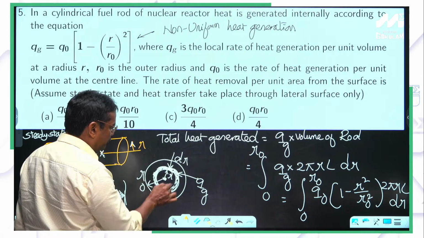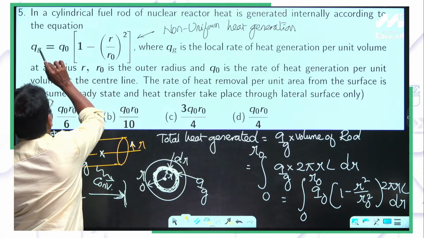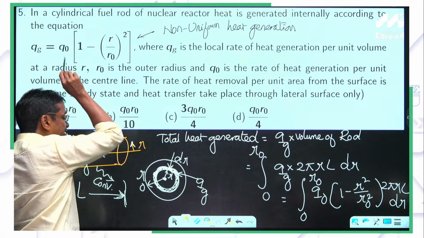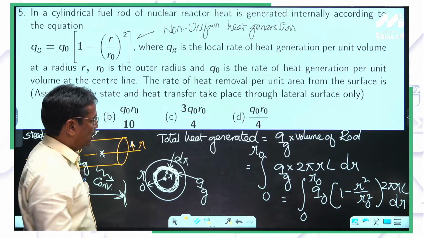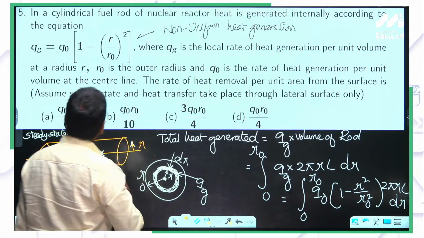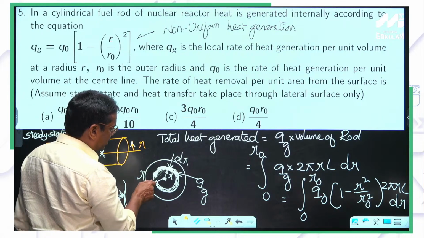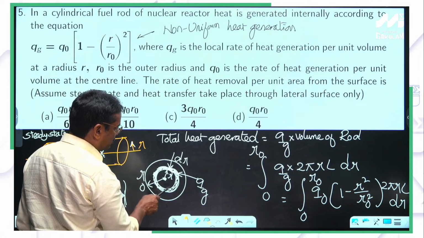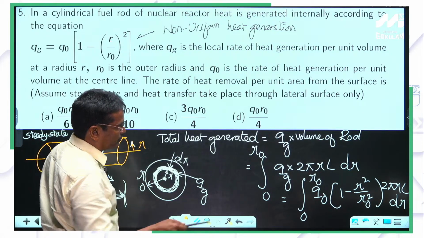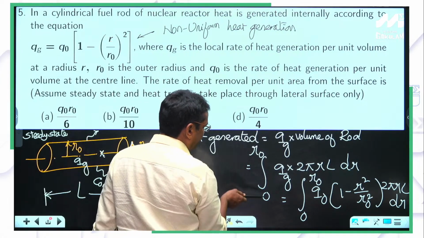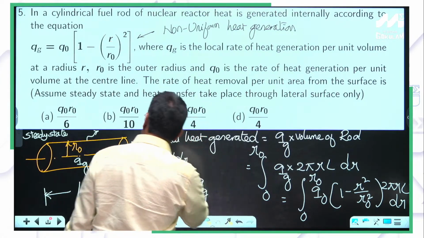What is the volume of that into Qg? Because this Qg is the rate of heat generation per unit volume, I multiply with Qg into the volume, 2 pi r dr into length. Then that has been integrated from 0 to r naught to get the total heat generated.